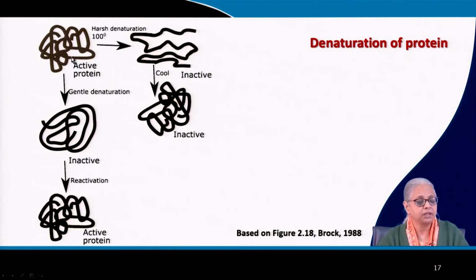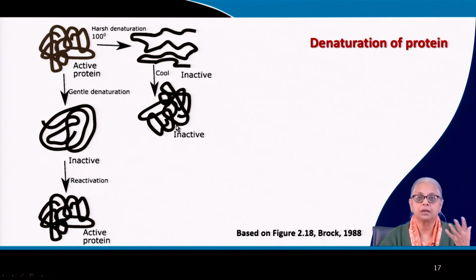Let me just show you an example. Let's say you have an active protein, it's folded in a particular form, and if you boil it, which is considered harsh denaturation, the primary structure will be retained, but when it cools down, it will not come back to this particular folded form, and because it cannot come back to its original folded form, it becomes biologically inactive.